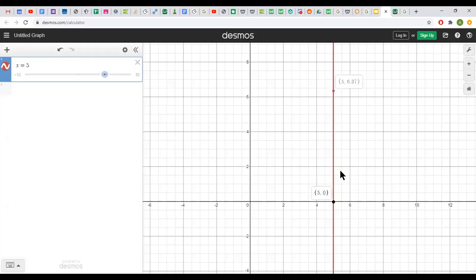So it basically can lead to an infinite number of outputs over here. So that's why x equals 5 isn't a function, because our input is 5, but our output can be literally any real number.